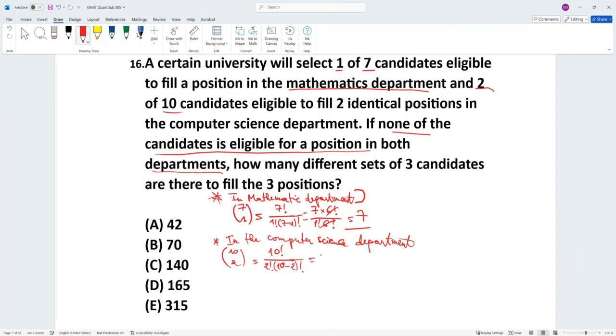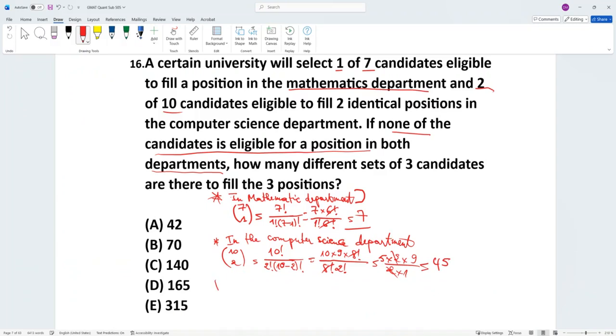This will give us 10 times 9 times 8 factorial like this, and then 8 factorial, 2 factorial. So this we can remove. And 10 is actually 5 times 2 times 9 over 2 times 1. Okay, we can do this. So this is equal to 45.